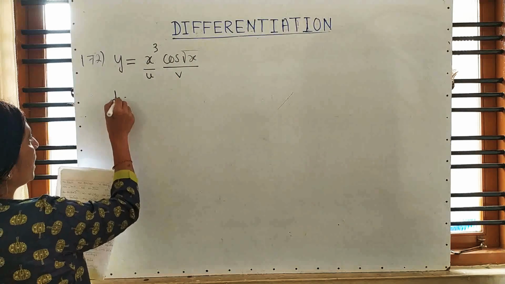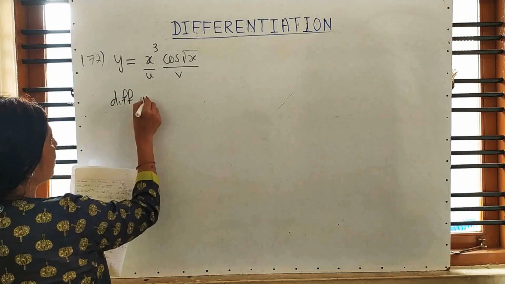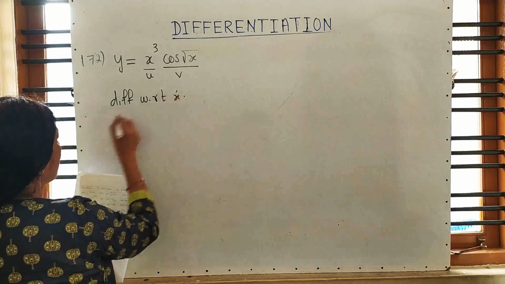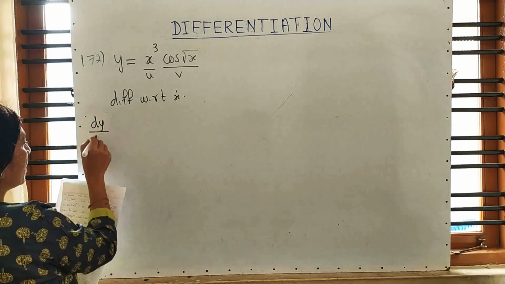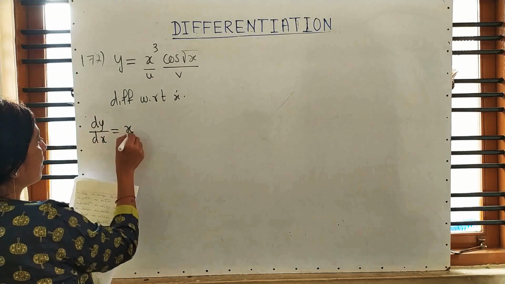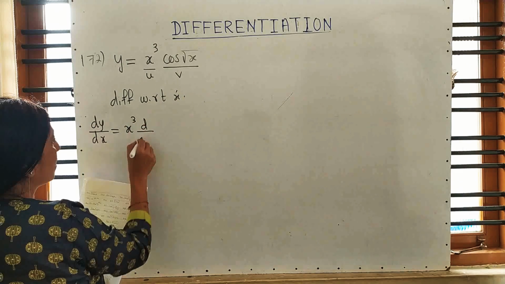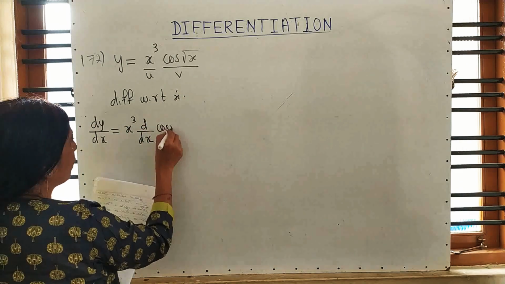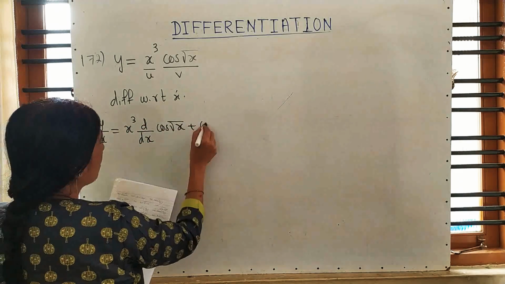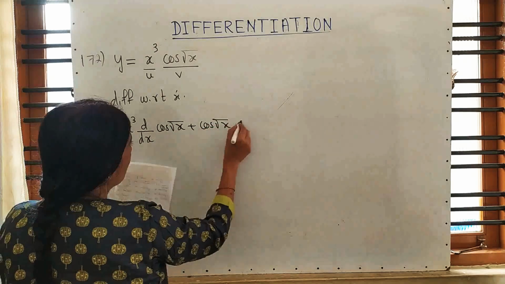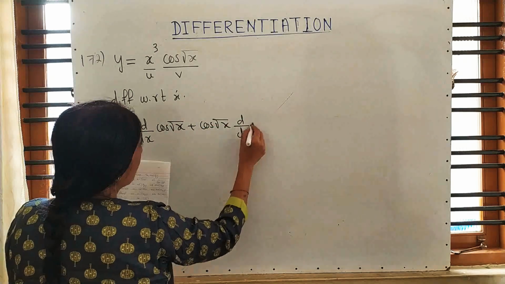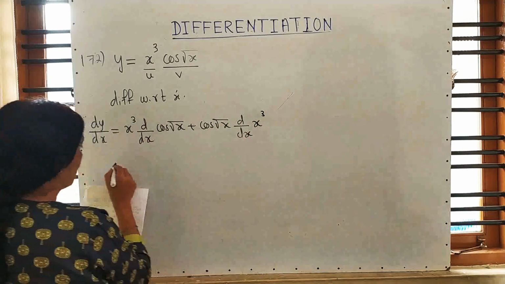Even though we are applying composite differentiation, differentiating with respect to x, first we have to apply u into v. x cube into differentiation of cos root x plus cos root x into differentiation of x cube.